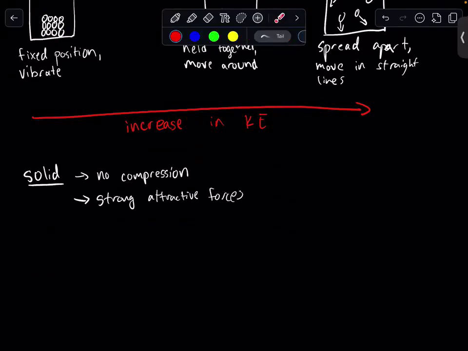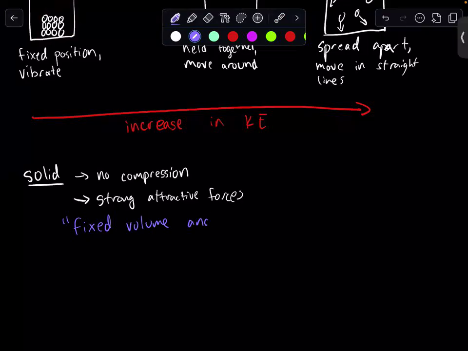Now, I do want to make something clear. When I say the word strong, in strong attractive forces, I don't necessarily mean that they're going to be stronger than forces in a liquid all the time. But what I do mean is that they are strong enough relative to their environment to hold these particles in this fixed position. So, one of the ways that we describe solids is that we say they have a fixed volume and shape.